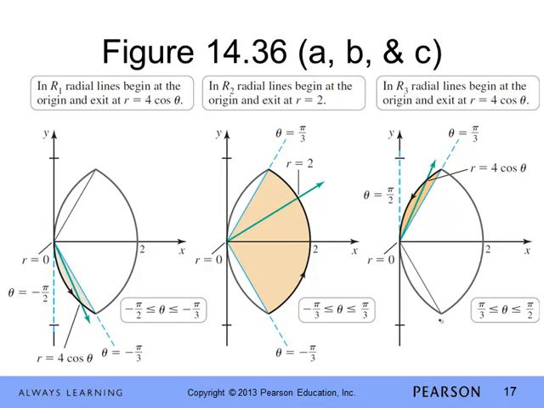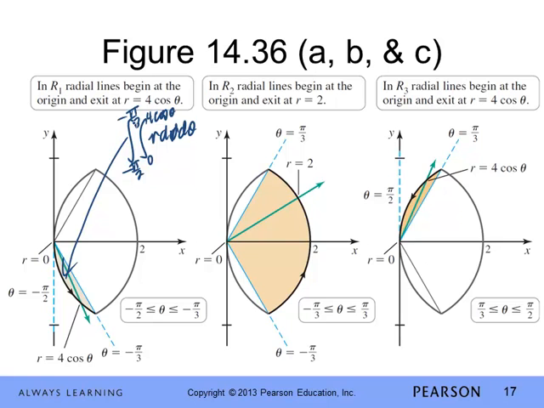So write a small double integral, r dr d theta: r goes from 0 to 4 cosine theta, and theta goes from negative pi over 2 to negative pi over 3.